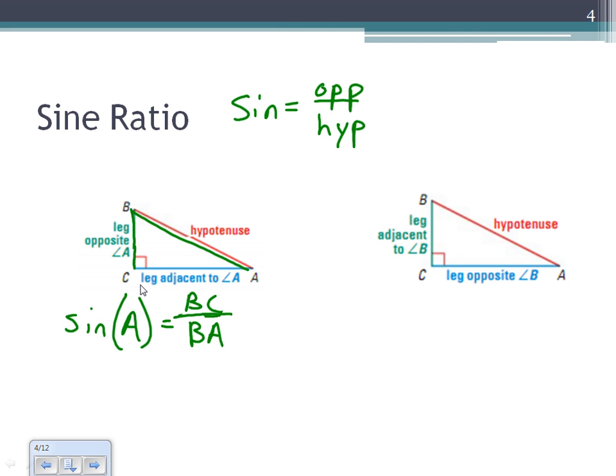Remember SOHCAHTOA. If we look at the other one, I want the sine of B. It's the opposite over the hypotenuse again. Julian, what's the opposite?